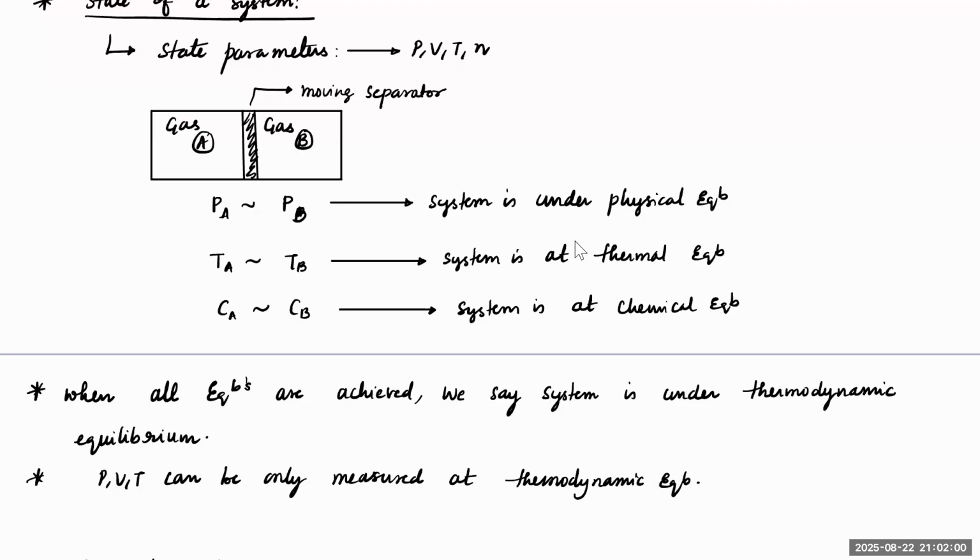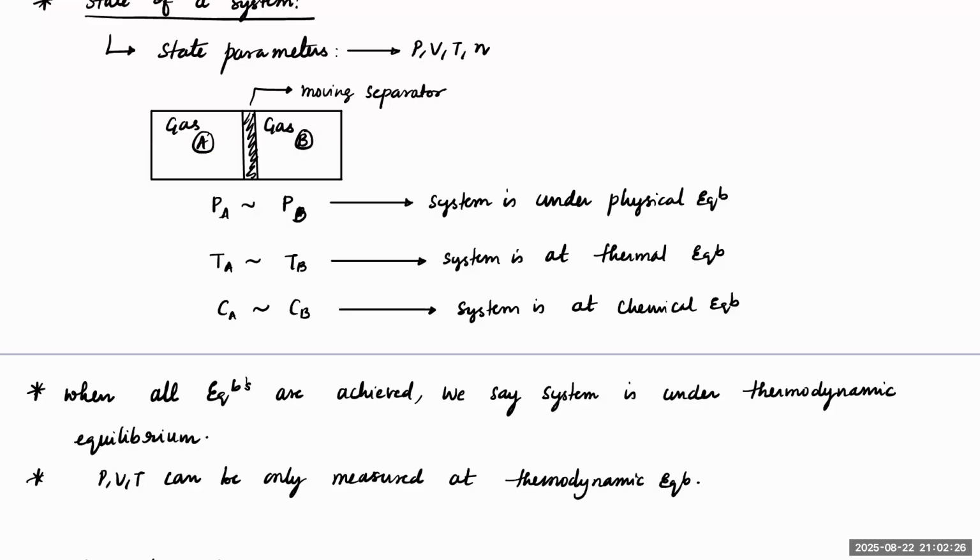If there are some n number of particles after the chemical reaction, and that value is not changing and remains constant, then we say chemical equilibrium has been attained on this side and this side.